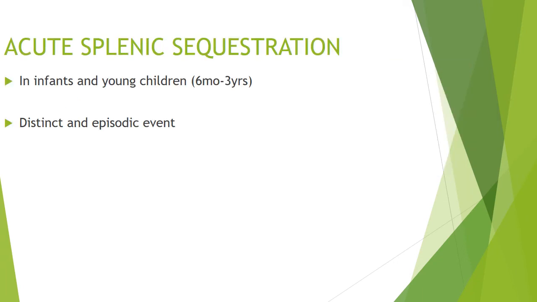Acute splenic sequestration. It usually occurs in infants and young children around 6 months to 3 years of age. There is a distinct and episodic event which follows an acute febrile illness. A large amount of blood becomes acutely pooled in the spleen, and there occurs a massive enlargement of the spleen and the patient has a circulatory collapse.